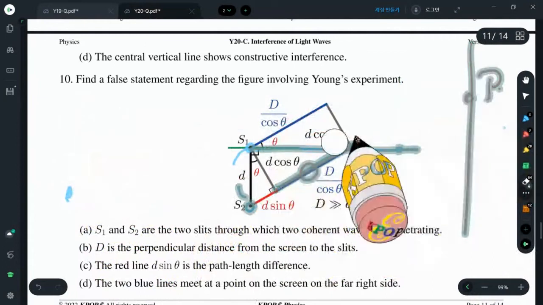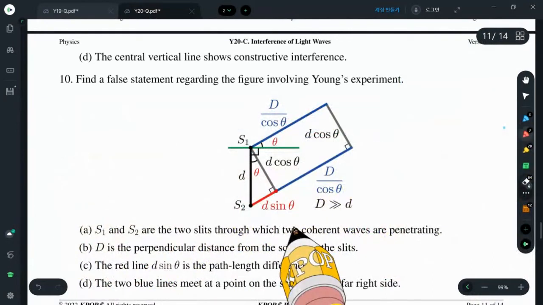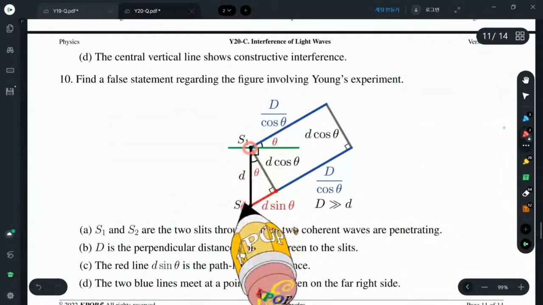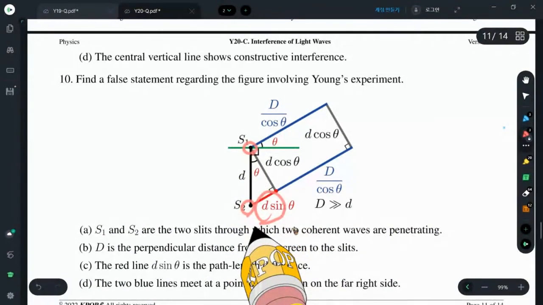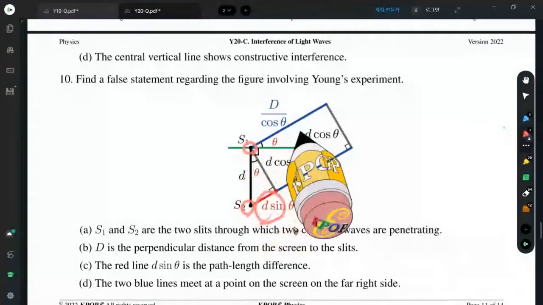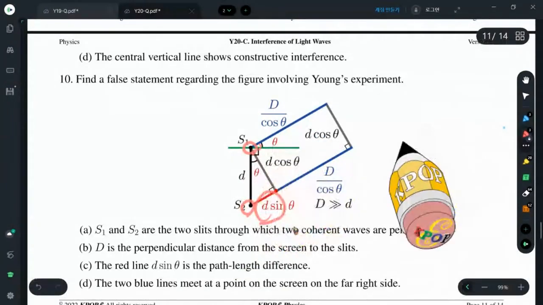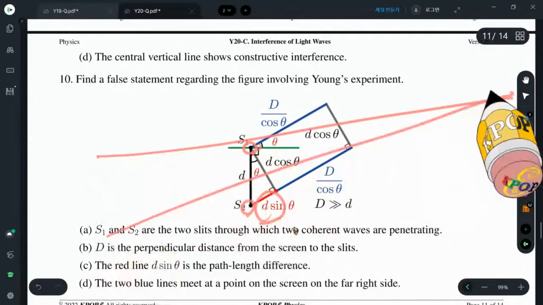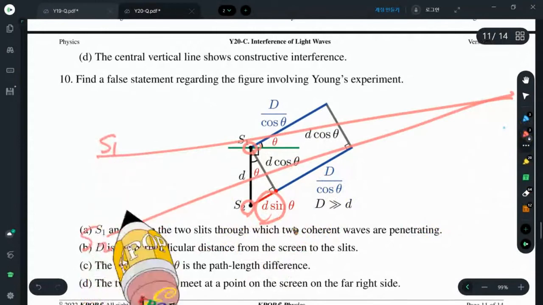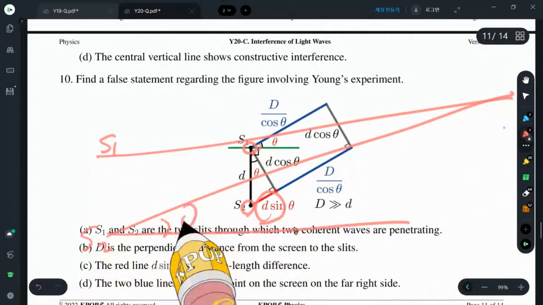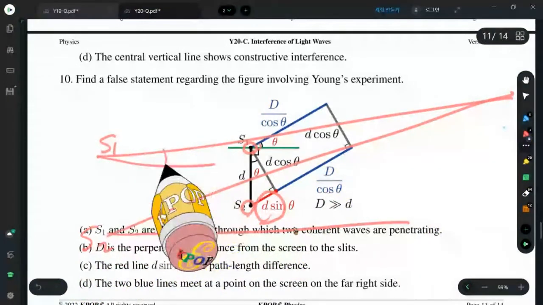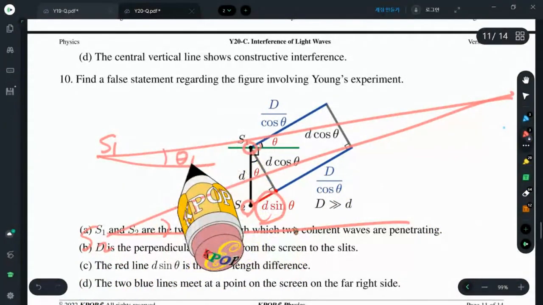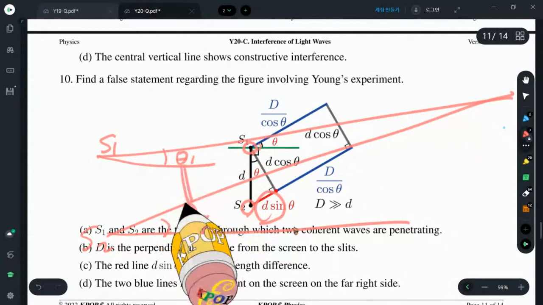The actual phase, the path difference between the two lights from the two sources, can be expressed like that. The angle theta, this is S1 and S2. This angle, theta 1 and theta 2, and this angle, theta 1, can be treated as the same.